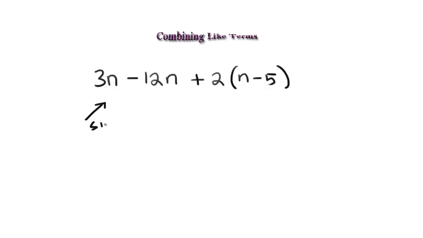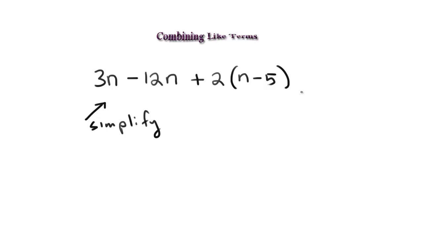I want to simplify it, and how are we going to do that? All right, the first thing we do is we see that there's parentheses here, so we're going to have to get rid of that. Right, so I'm going to distribute that 2 into the n and that 2 into the negative 5.